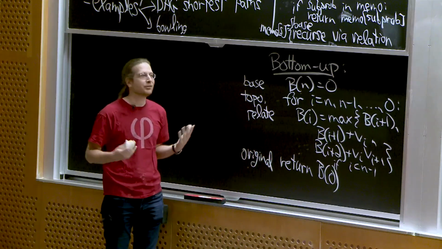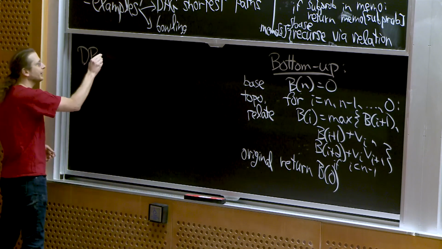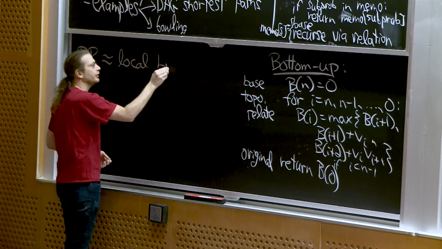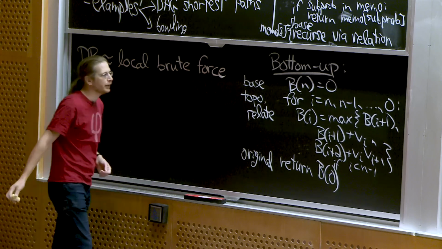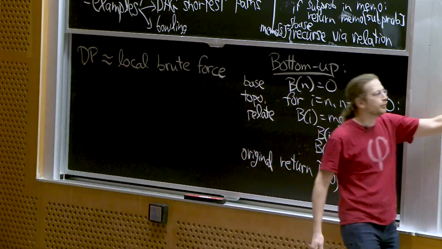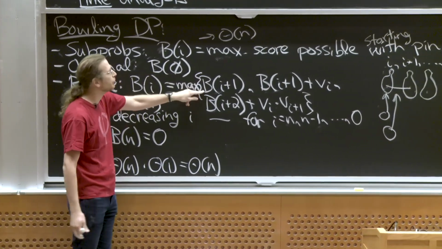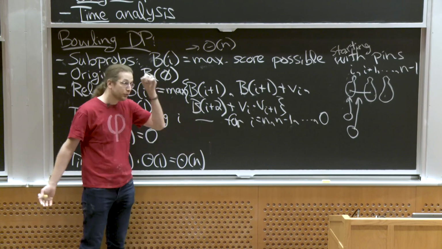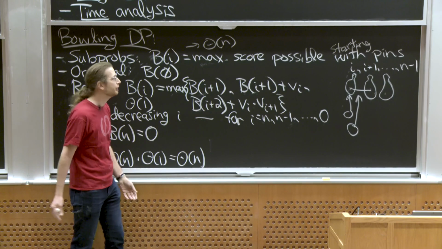It's almost like magic. DP is essentially an idea of using local brute force and by defining a small number of subproblems up front, and as long as I stay within those subproblems, as long as I'm always recursing into this polynomial space, I end up only doing polynomial work, even though in some sense I'm exploring exponentially many options.